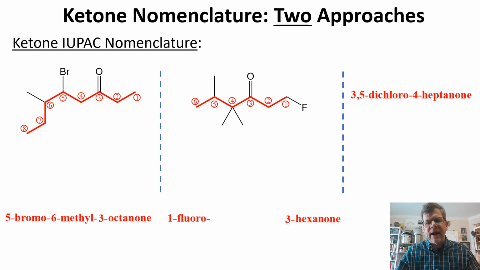And now we look at our methyls. We see 2 methyls are attached to the 4 position and 1 attached to the 5 position. So we have to bring this in as 4,5 dash trimethyl 3-hexanone.